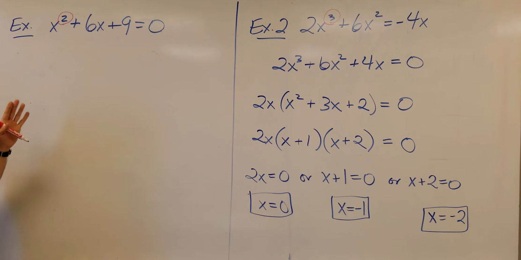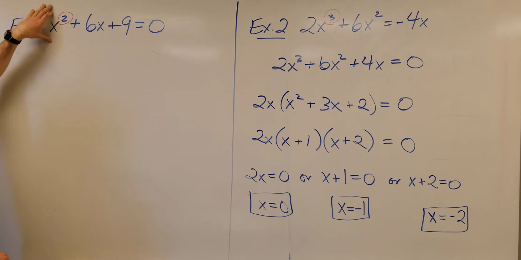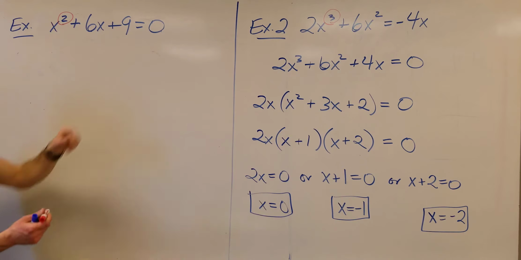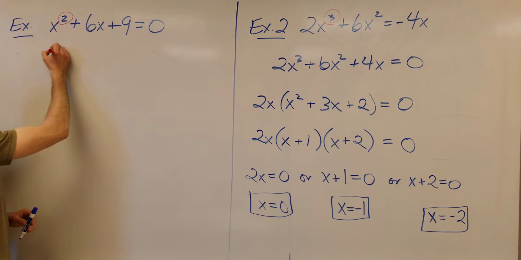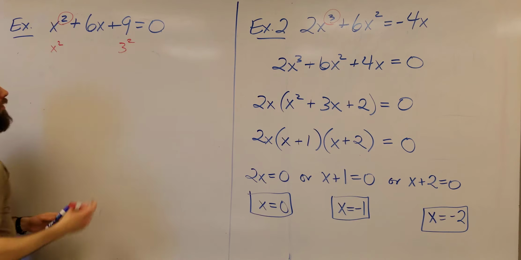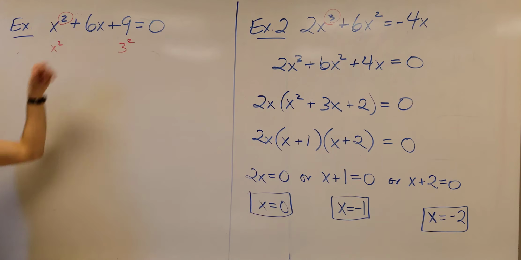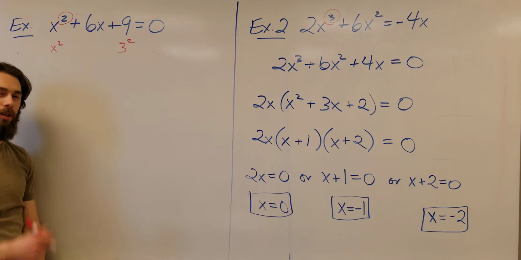So how would that factor out? You might notice, okay, x squared is a perfect square, 9 is a perfect square, so that's 3 squared. If I took 2 times x times 3, I get 6x. So this looks like a perfect square.